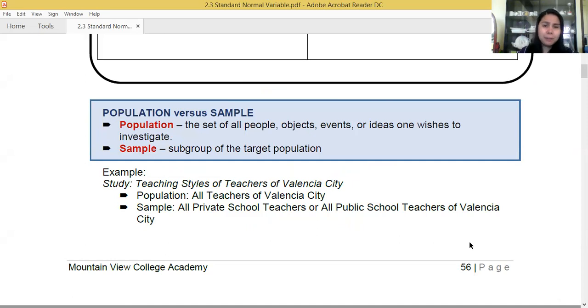Another, the population can be all MVCA students, while the sample can be just the grade 11 class. So that's the difference between a population and a sample.